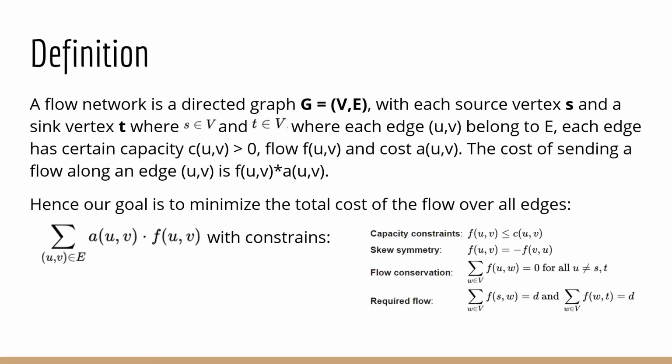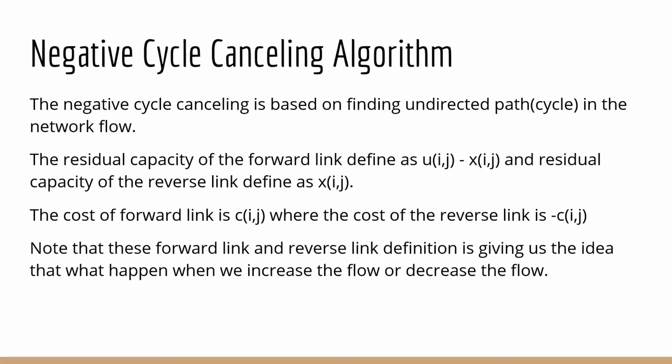Okay, moving on. So one of the algorithms used to solve the minimum cost flow problem is called the negative cycle canceling algorithm. The negative cycle canceling is based on finding a directed path in the network flow.